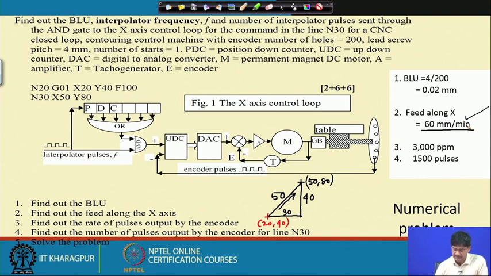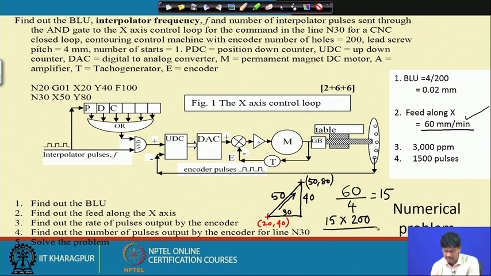If we are having 60 millimeters per minute movement, this corresponds to how many rotations of the lead screw per minute? 60 divided by 4, 15 rotations of this shaft. So, 15 multiplied by 200 must be the pulses coming out from the encoder. So, that is equal to 3000. Okay.